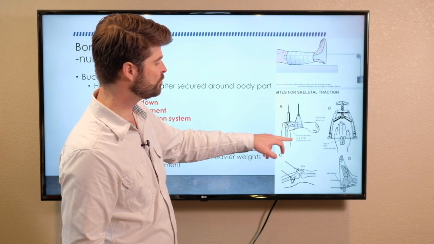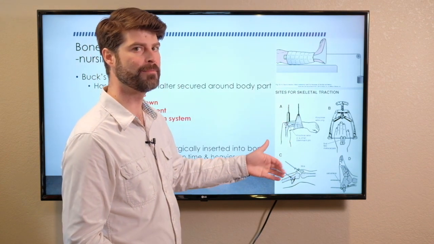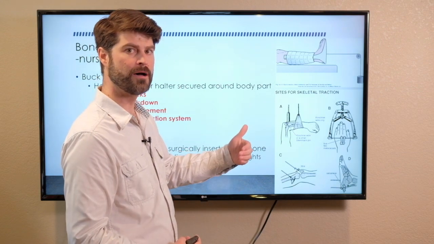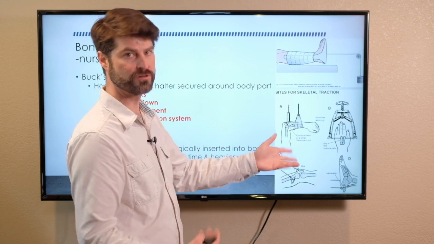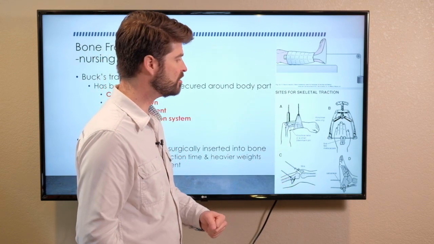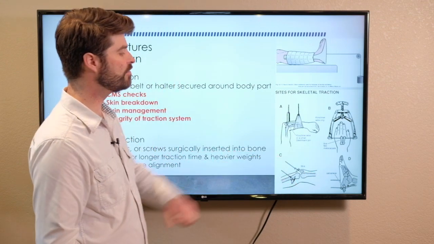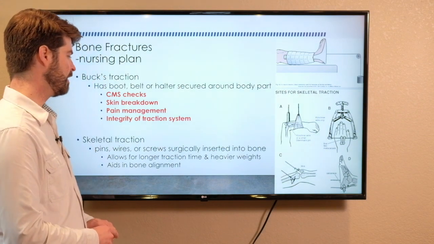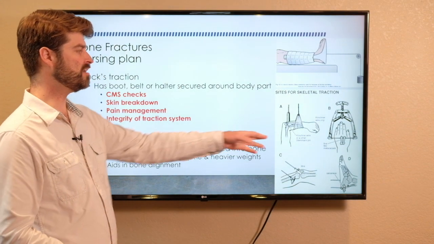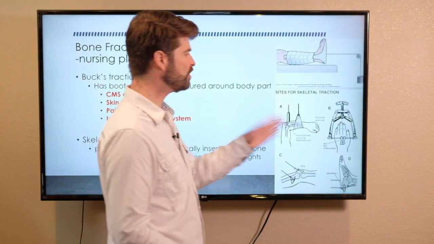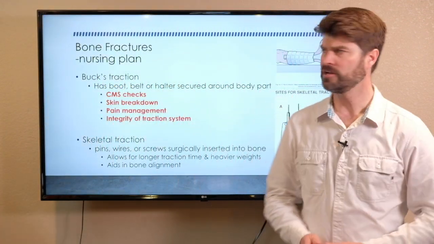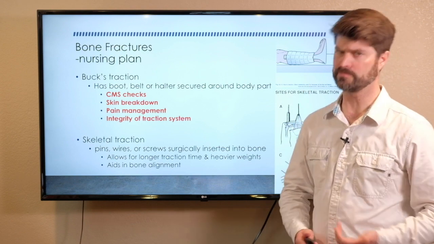So the bone fracture would be kind of up here and there'd be a shattering of that bone. So they want to maintain anatomical length and alignment with what's no longer stable inside the patient. So these are patients who have very, very severe fractures. And we can use heavier weights because we're anchoring directly to the bone. But we don't see skeletal traction all that much. Definitely see Buck's traction much more frequently.